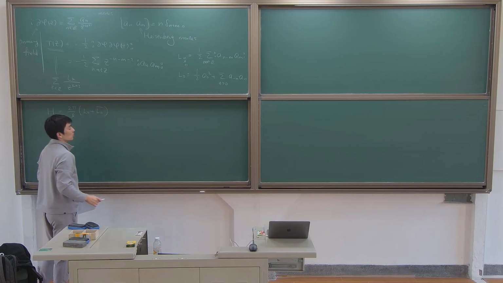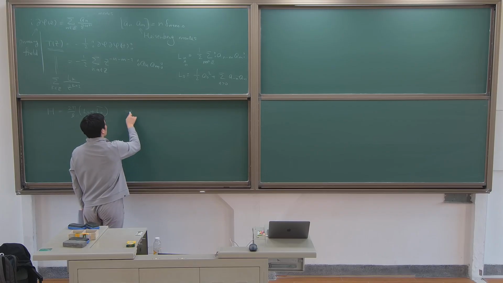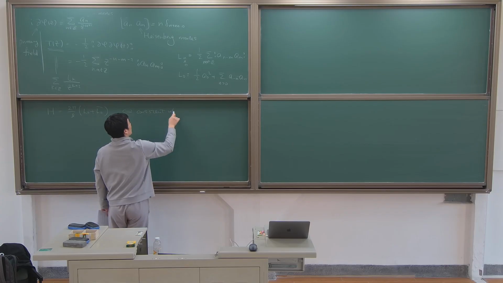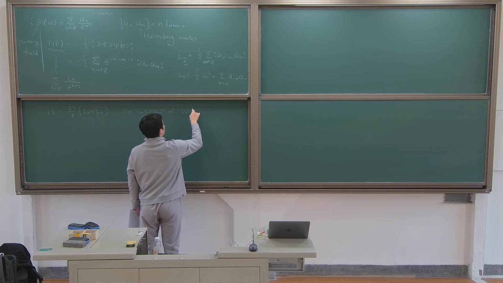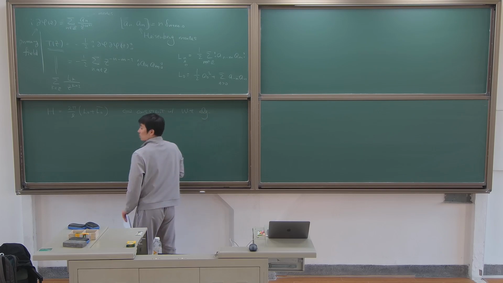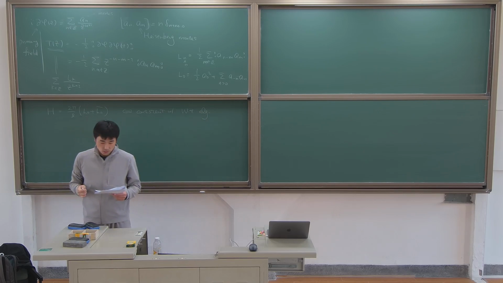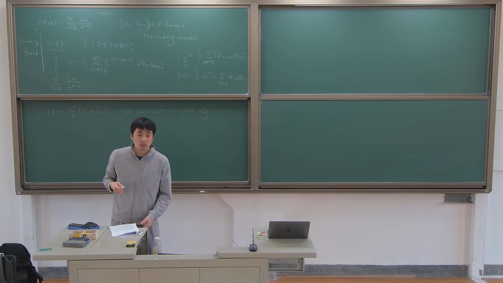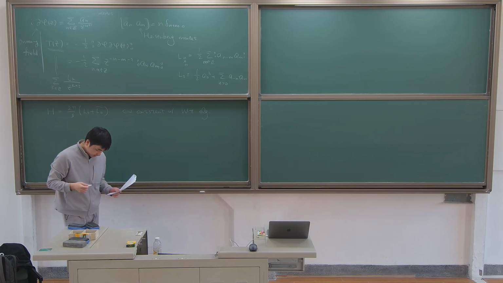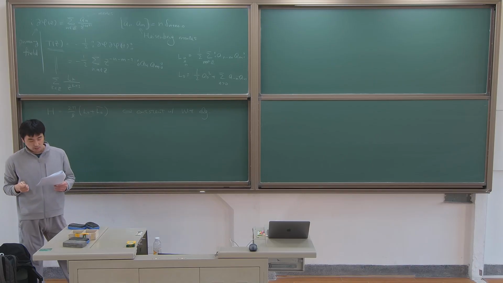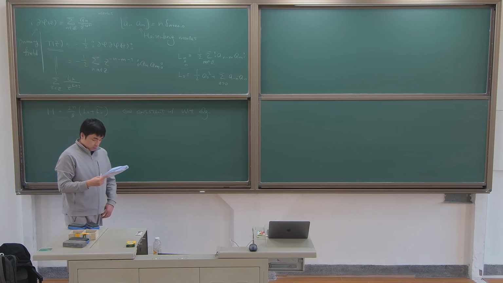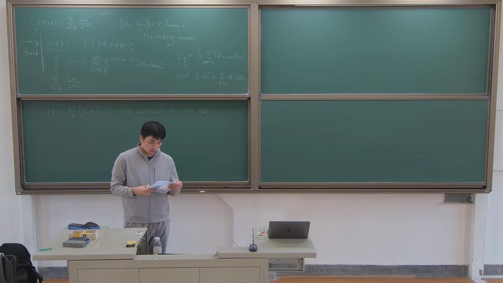So this is essentially consistent with the Virasoro algebra. When you study the Virasoro algebra, we already encounter L0 plus L0 bar is the Hamiltonian. Okay. So first, any question?